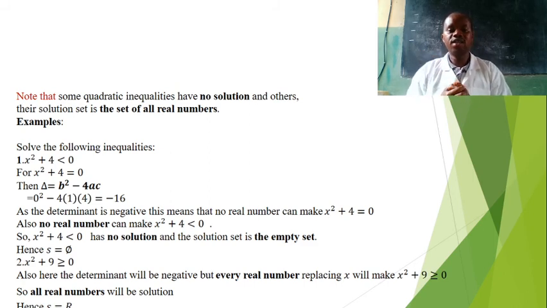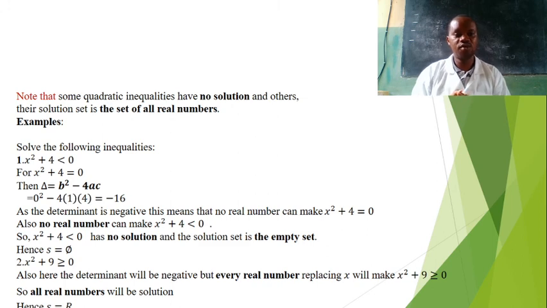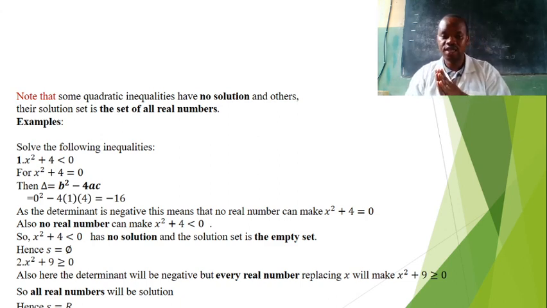We are given two examples there, one example for each case. Solve the following inequality: x squared plus 4 less than 0. If you try to use the determinant, you will see that the determinant is equal to negative 16, which is less than 0.